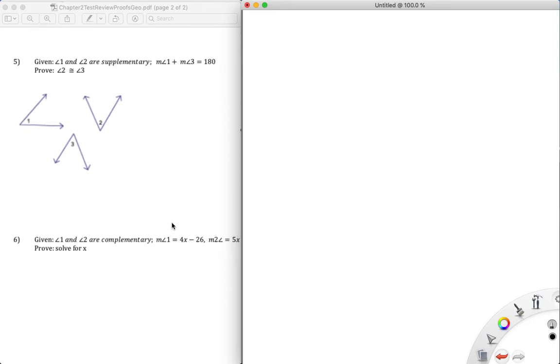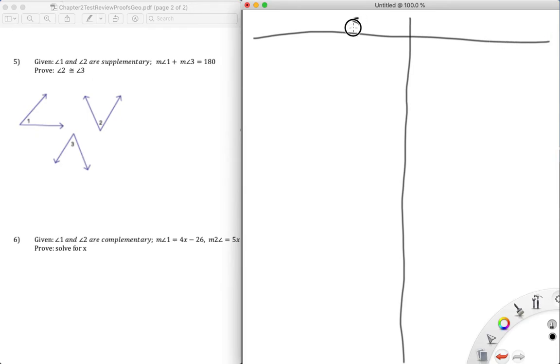We are given that angle 1 and angle 2 are supplementary.